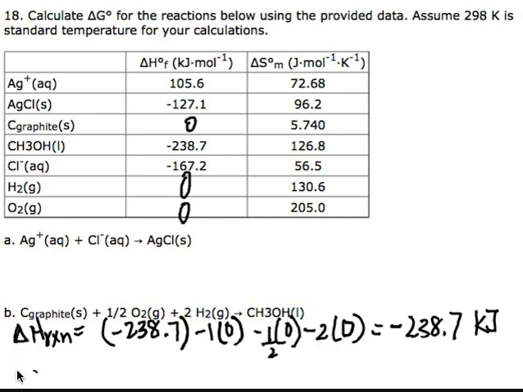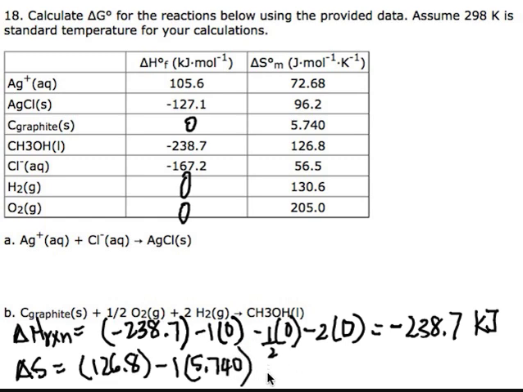Okay, let's calculate delta S. Okay, so again, CH3OH, we have 126.8. Minus for graphite is going to be 1 times 5.70 minus 1, right? Negative coefficient.